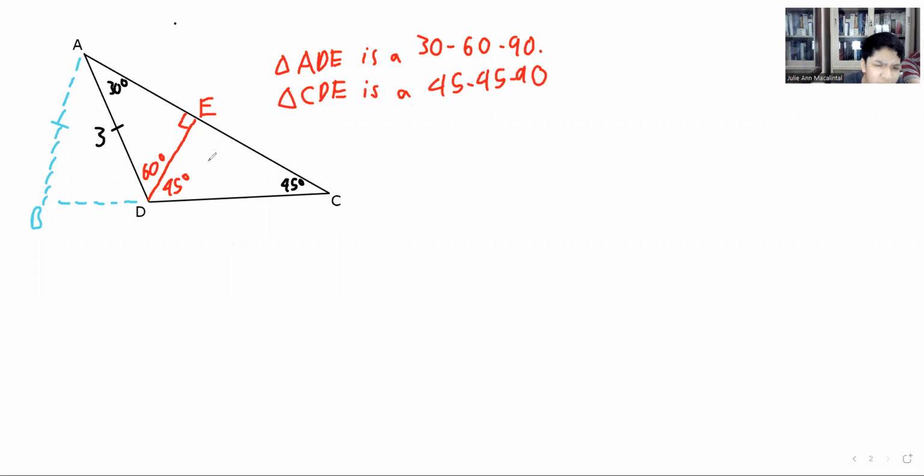Most importantly, we can find DE. For a 30, 60, 90 triangle, I'll try my best. What if I just make a line? You'll just use the line too, so it will be much cleaner.